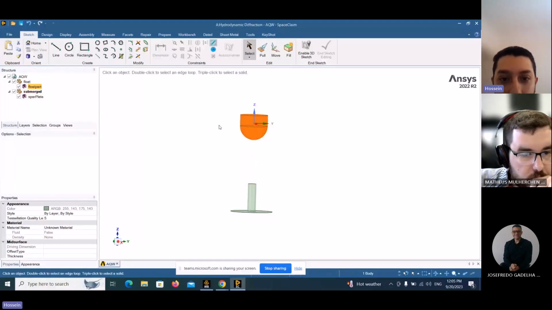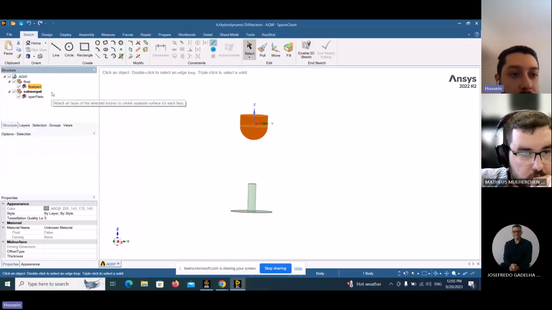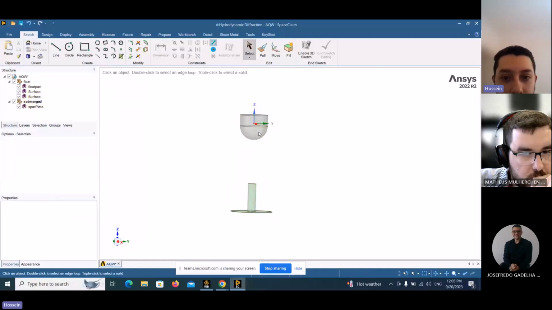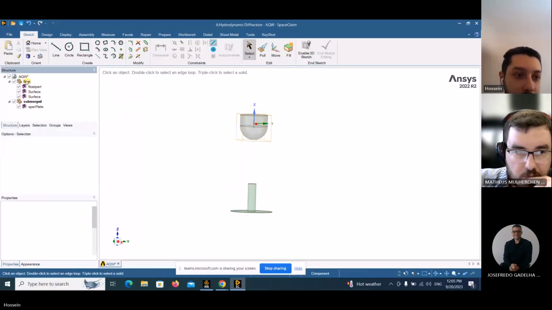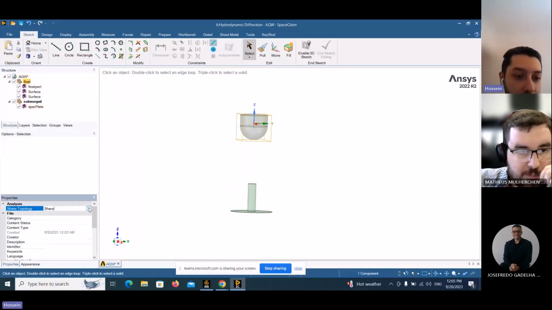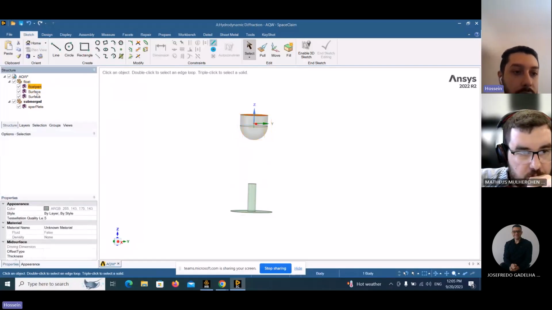But if we detach this part, for example, as you can see, we have three shells. In this situation, if we import this geometry into the Aqua, we face a problem. Now we can see the share topology, we put it on none, and we have three surfaces.